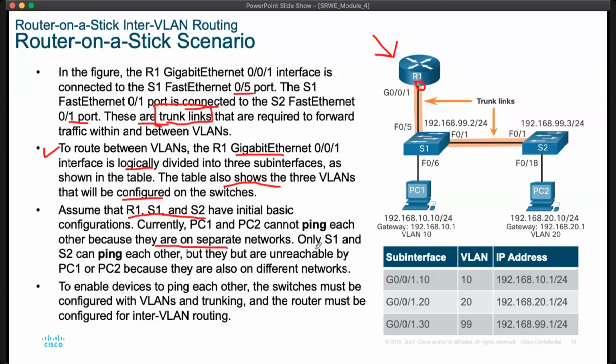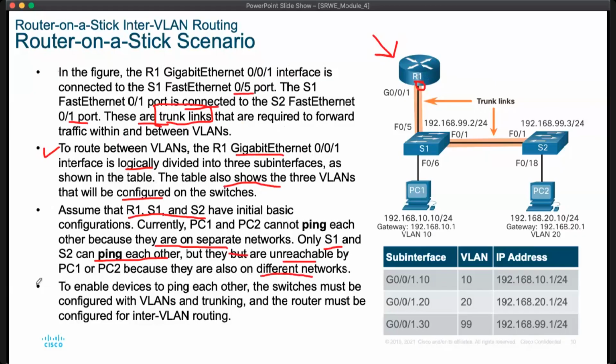Only switch 1 and switch 2 can ping each other, but they are unreachable by PC1 or PC2 because they are also in different networks.